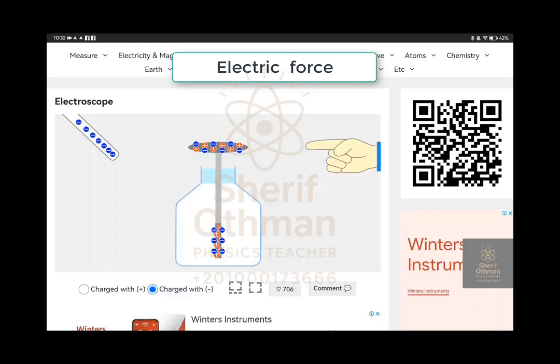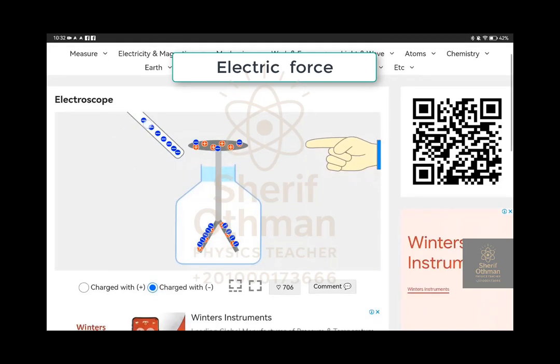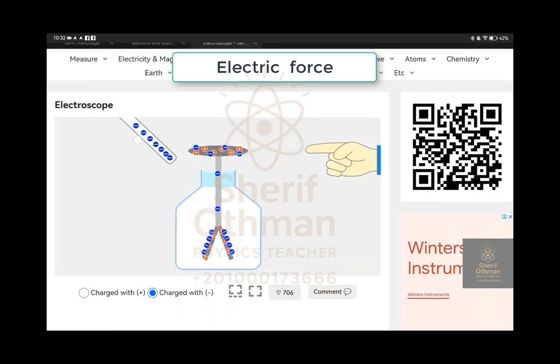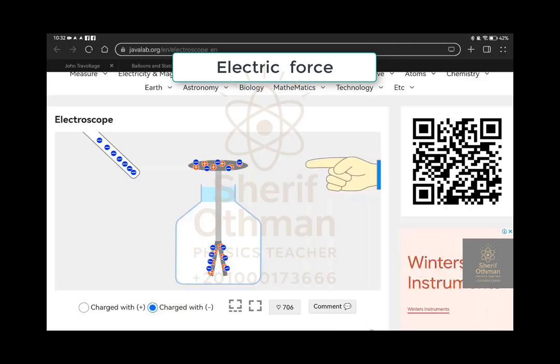By approaching the rod towards the knob, there will be a repulsion between negative charge and negative charge, and the negative charge is going to be pushed towards the leaves, as you saw, guys. So the two leaves will carry the same charge, and as a result of that, they're going to repel each other. By moving the rod away, the charges are going to move, returning back to their original place.